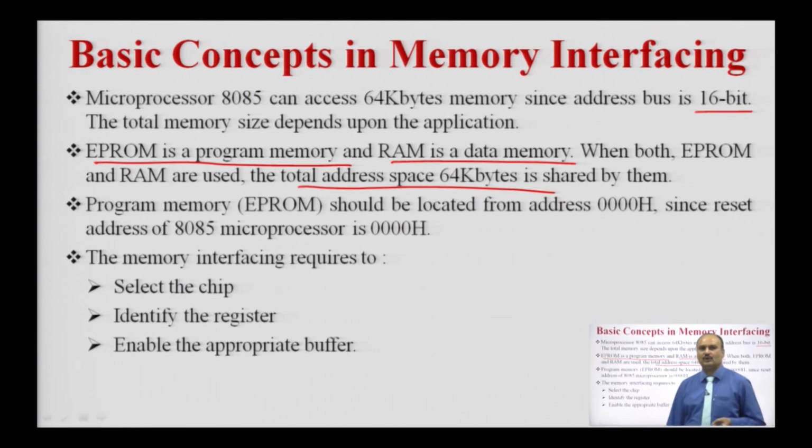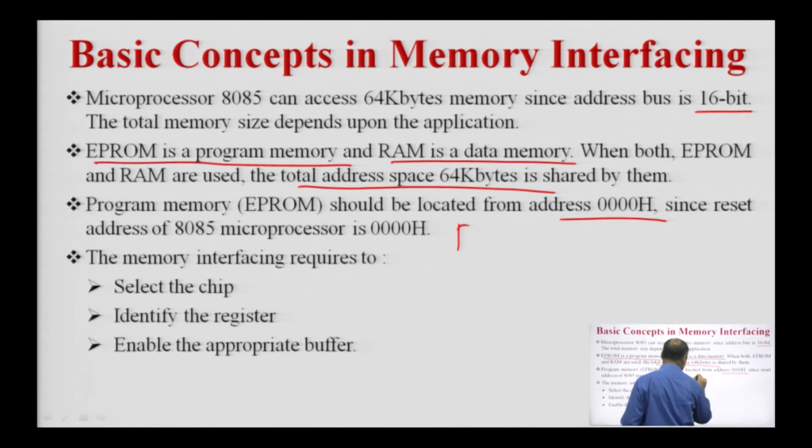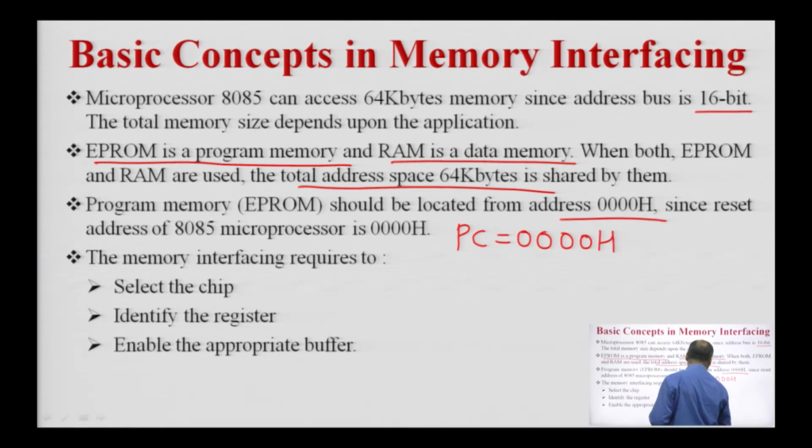Program memory should always be located at address 0000H, because whenever we reset the microprocessor based system, the content of the program counter becomes PC equals 0000H. So, it will start the execution of the program from this particular memory location having address 0000H. That is why EPROM is always located at memory location 0000H.